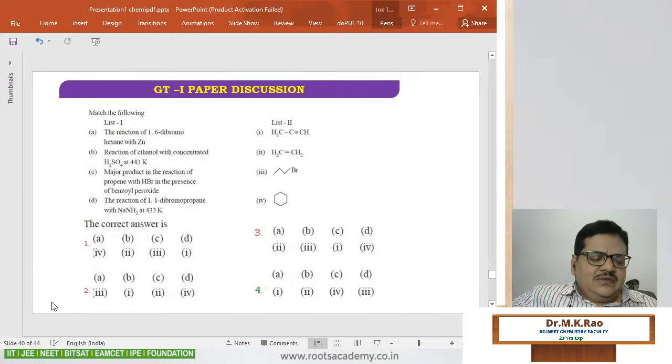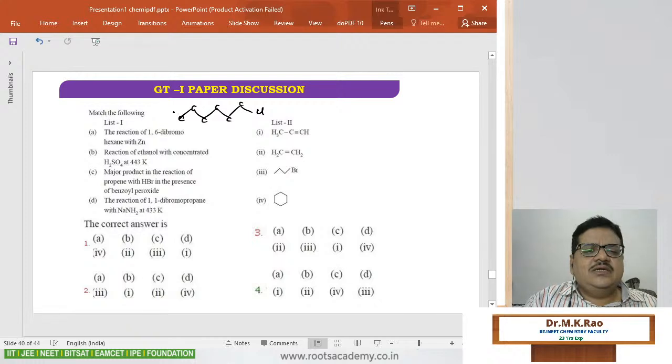Next, question number 156. What is the reaction of 1,6-dibromohexane with zinc dust?